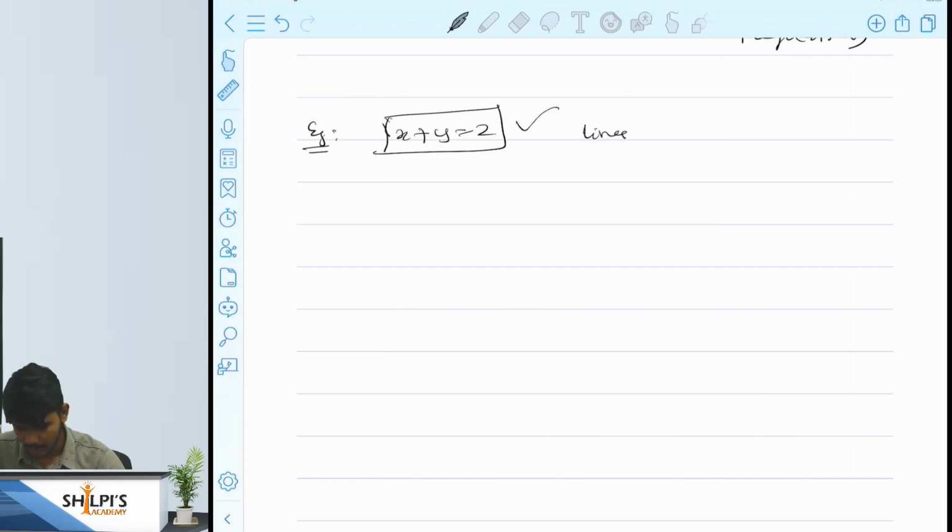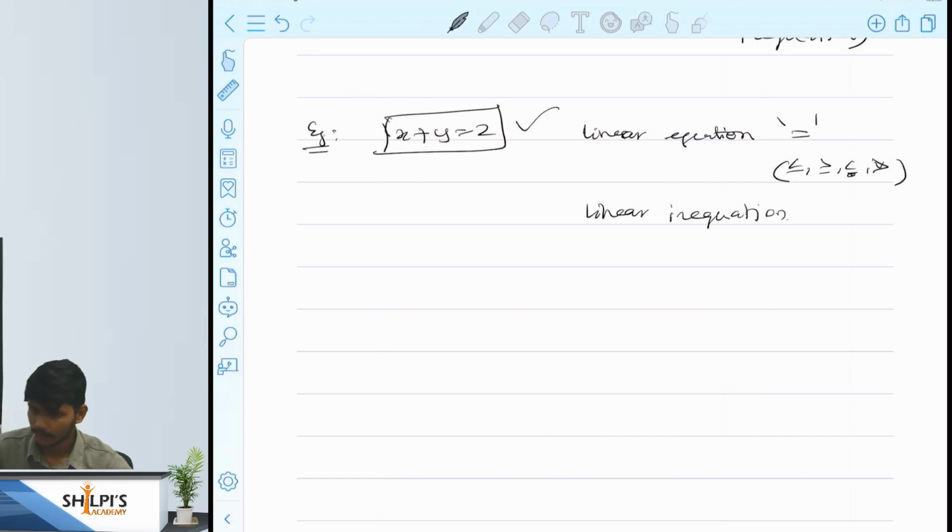It is a linear equation since this equation has the equal symbol. Equal symbol is the equation. If it has less than or equal to or greater than or equal to, then it is a linear inequation.